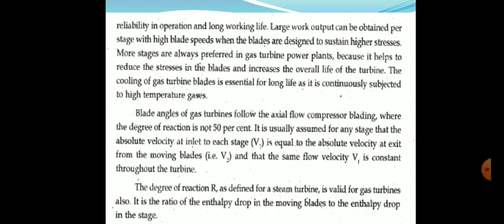It is usually assumed for any stage that the absolute velocity at inlet to each stage, V1, is equal to the absolute velocity at exit from the moving blades, that is V2, and that the same flow velocity Vf is constant throughout the turbine. The degree of reaction R as defined for a steam turbine is valid for gas turbines also. It is the ratio of the enthalpy drop in the moving blades to the enthalpy drop in the stage.